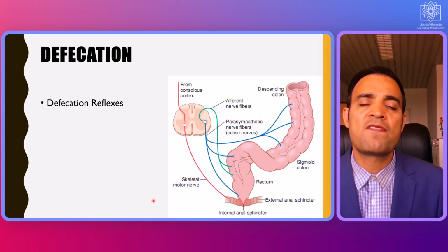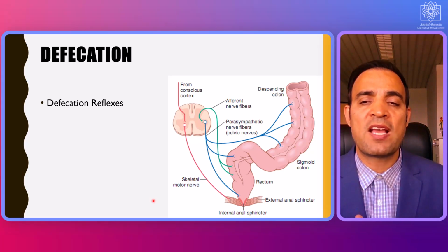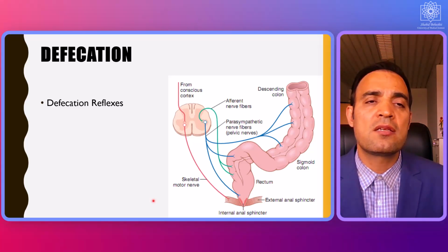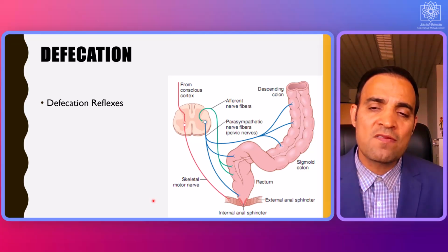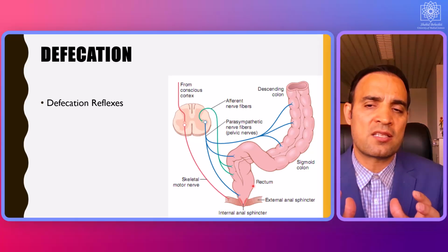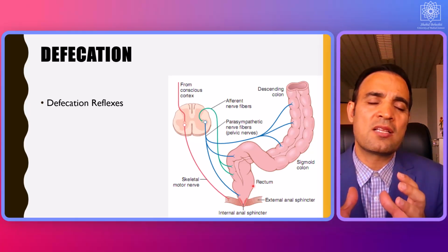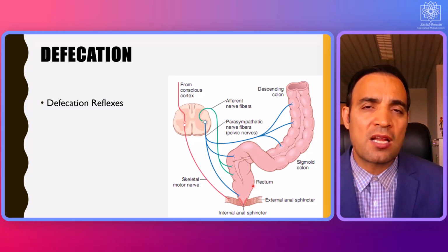Finally, the final movement that we have in the gastrointestinal system is the defecation reflex. Defecation reflex starts when the rectum area is filled with the content. I told you that this content is completely or semi-completely solid.